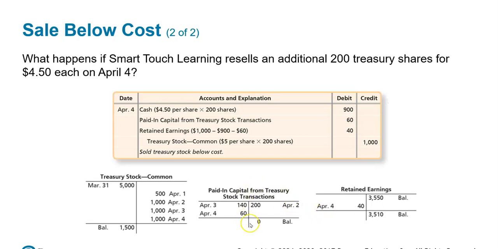So there's no longer a balance in Treasury stock paid-in capital excessive cost. So that is a zero balance. The $40 we were short, that debit will come out of retained earnings. So now we're down to $1,500 left, or 300 shares.